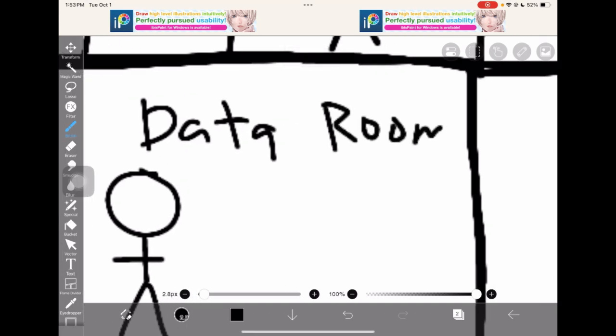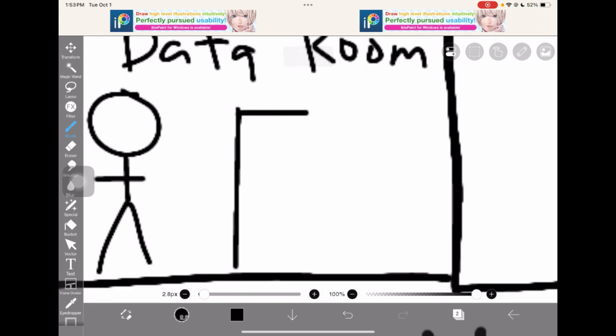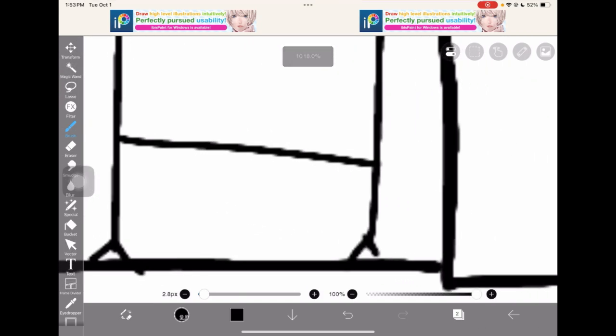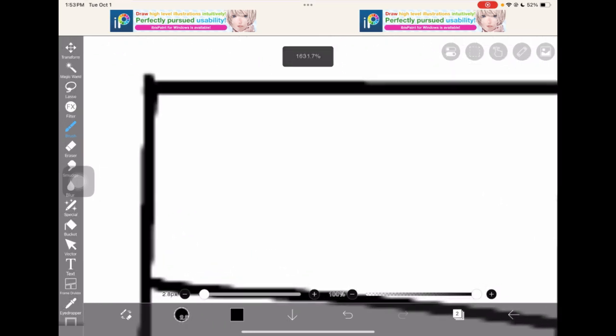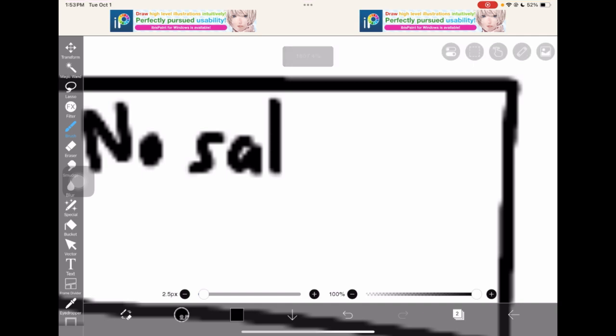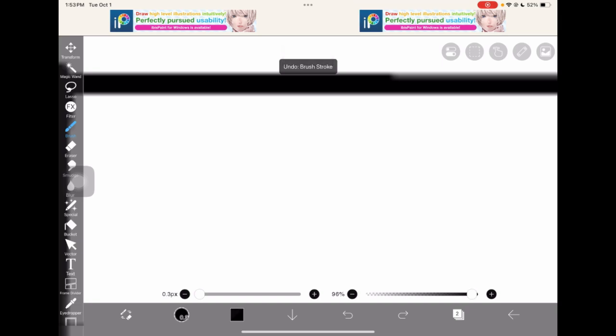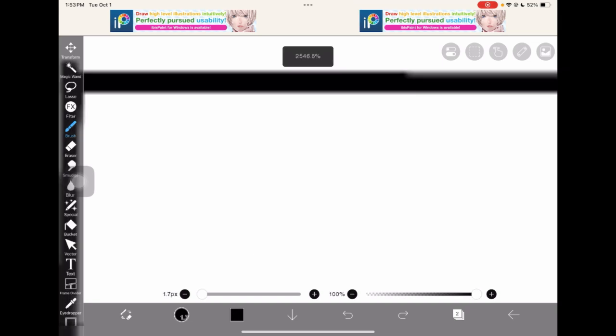After you analyze the experiment, you go back to your drafting room, let's say that, and then you put no salt versus with salt. Sorry for my bad drawings here. I'm just trying to illustrate the, yeah.